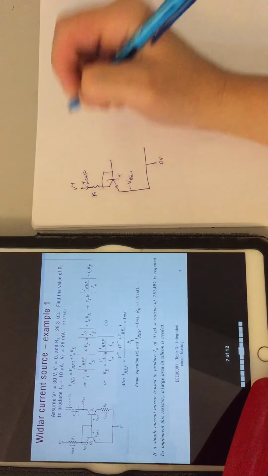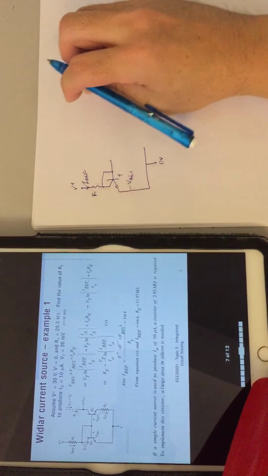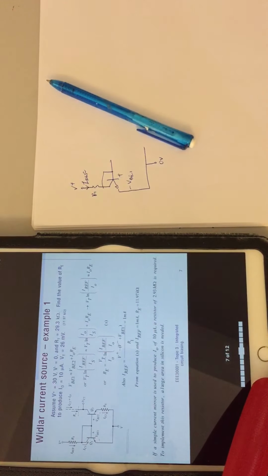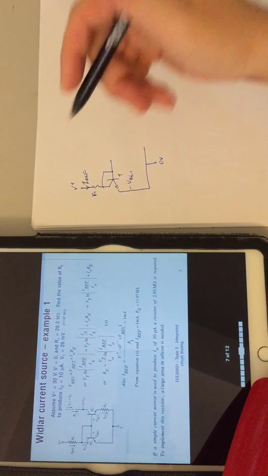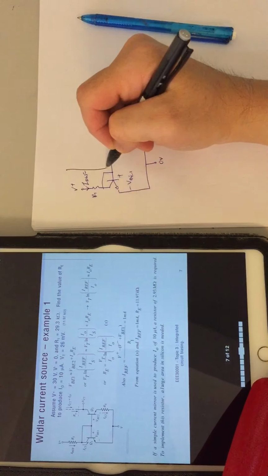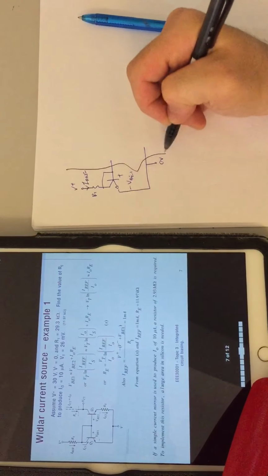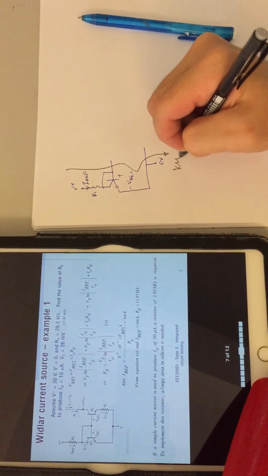We use this KVL loop to find the value of I reference.